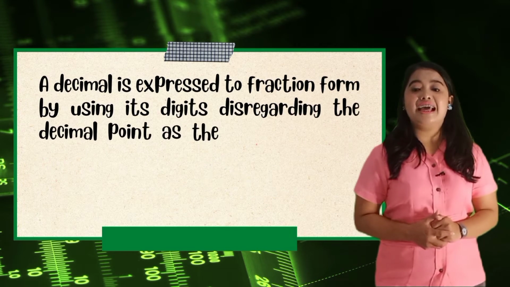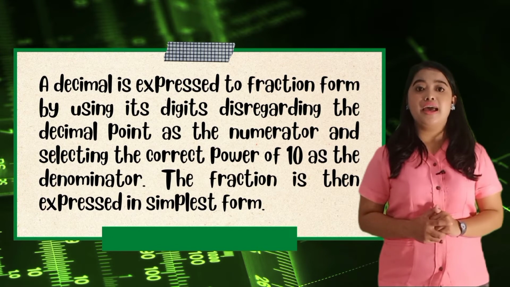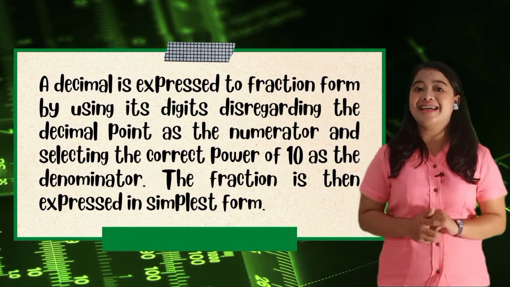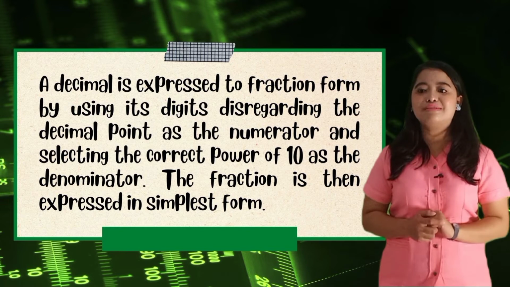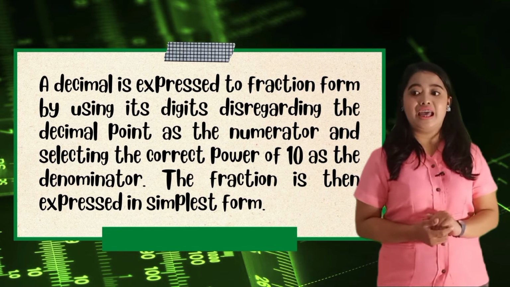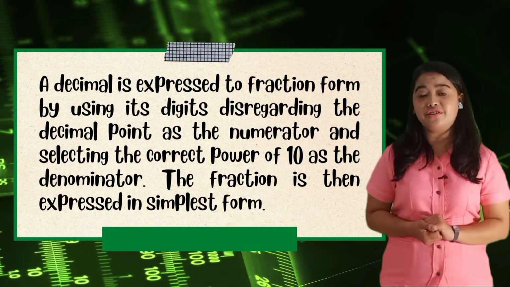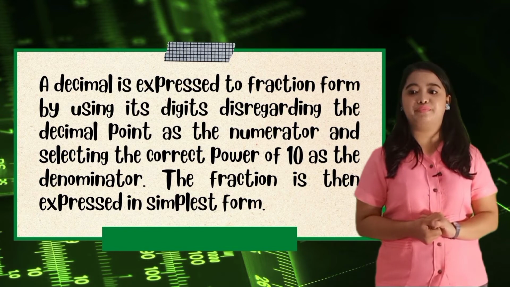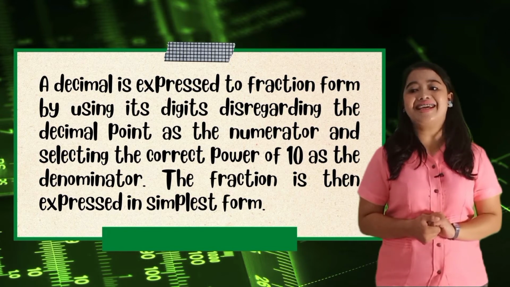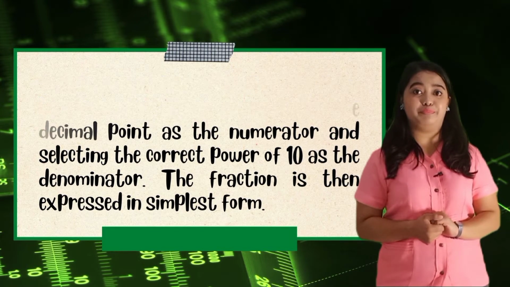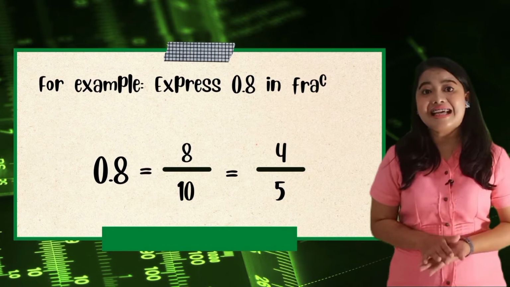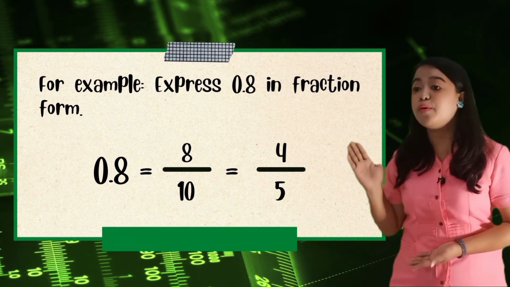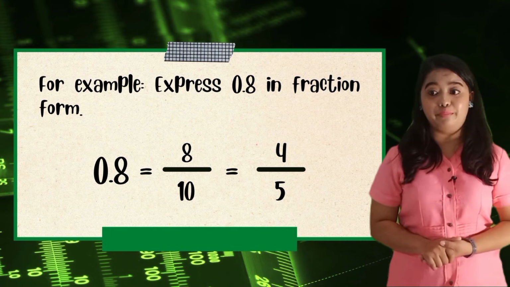A decimal is expressed to fraction form by using its digits, disregarding the decimal point, as the numerator, and selecting the correct power of 10 as the denominator. The fraction is then expressed in simplest form. For example, express 0.8 in fraction form.